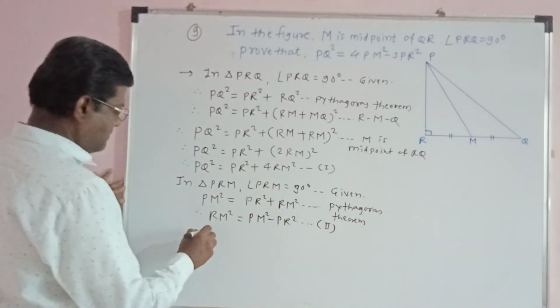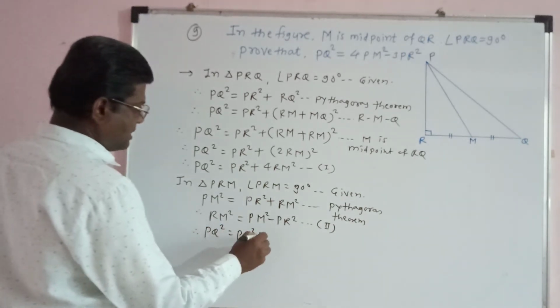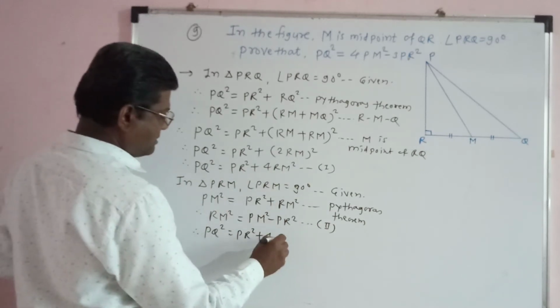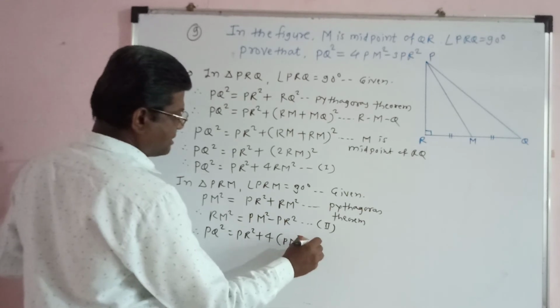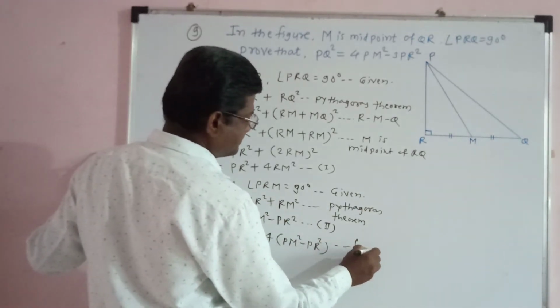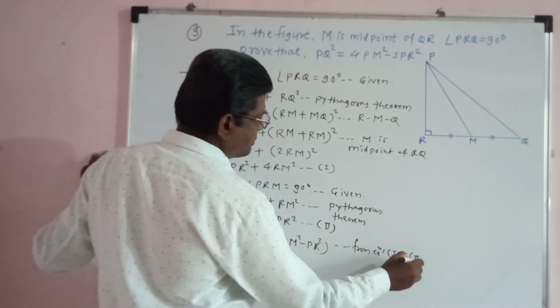Therefore PQ square is equal to PR square plus 4 into the value of RM square, which is PM square minus PR square, and here we write from equations 1 and 2.